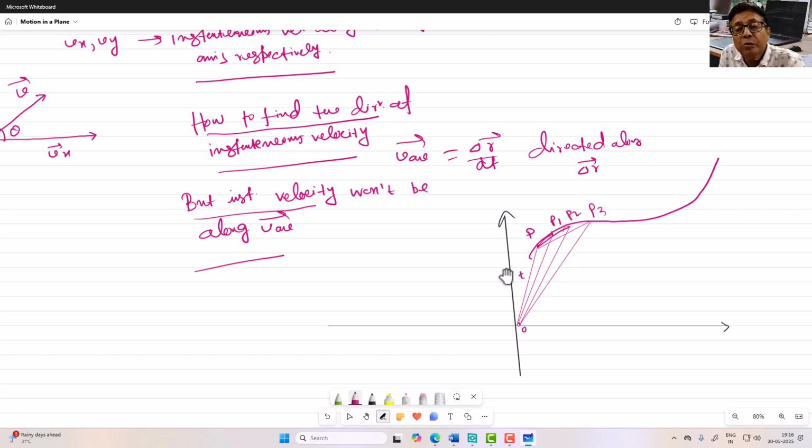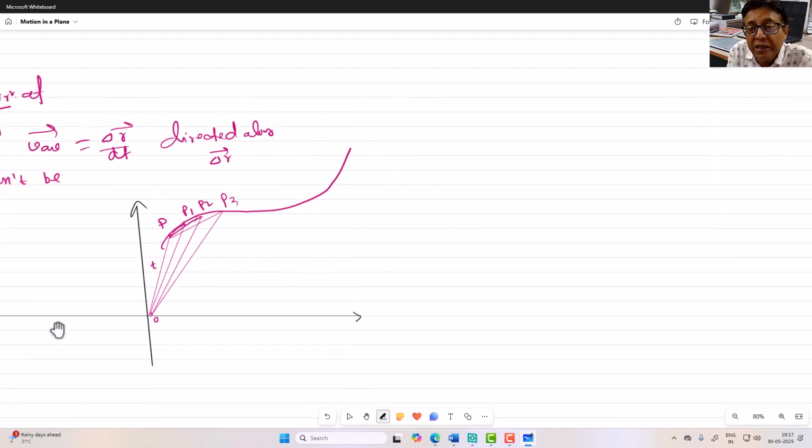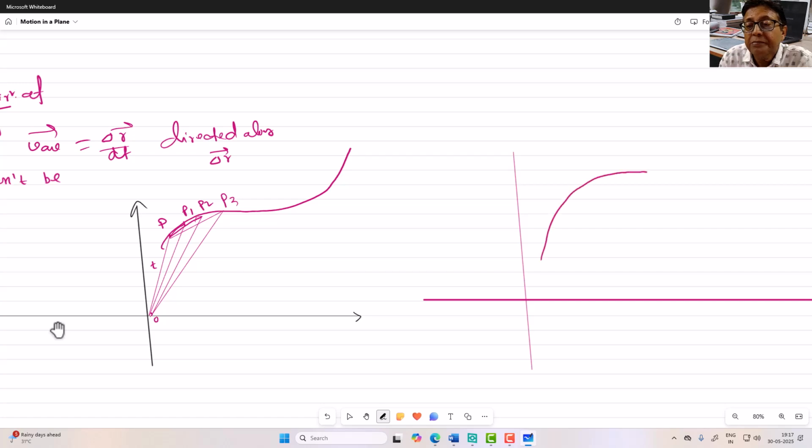Now, when it goes from P to P1, the displacement vector is directed along PP1, isn't it? Let me clarify with a better diagram here. I am changing the diagram a bit for your better understanding. It's like this. The particle goes on the same path, just drawn in this manner. When it goes from P to P1, the velocity vector is directed in what direction?